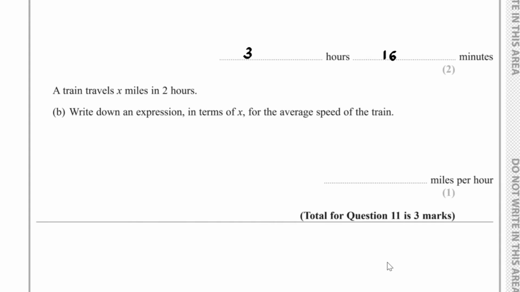Then, a train travels X miles in 2 hours. We have to write down an expression in terms of X for the average speed of the train.